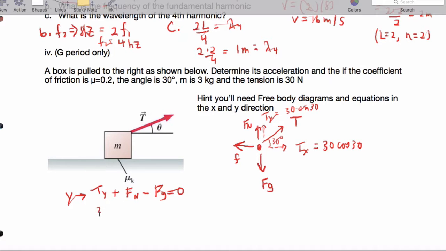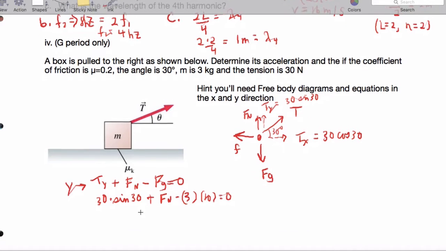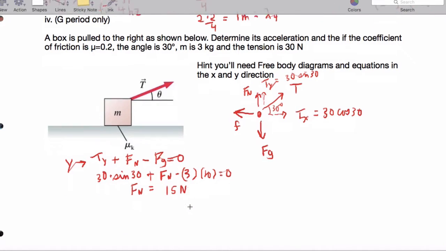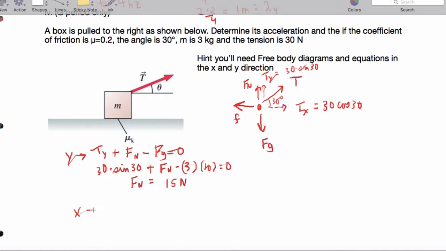That's going to be 30 times the sine of 30 plus the normal force minus the weight, which is 3 times 10, mg, equals 0. So when I actually work this out, I'm getting a normal force of 15 newtons. Awesome.